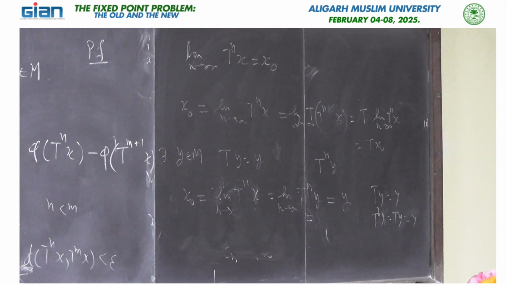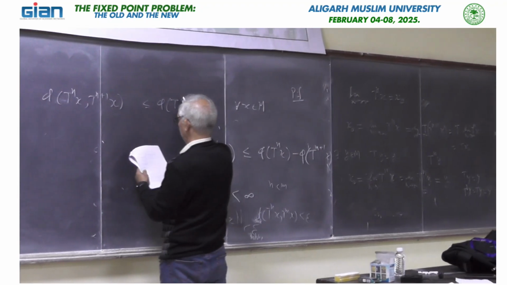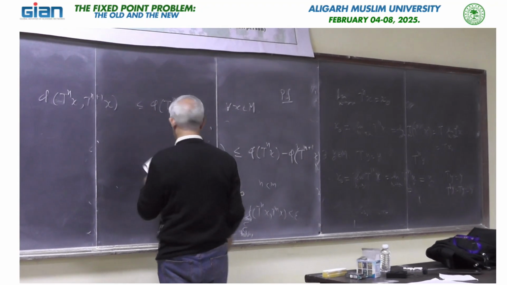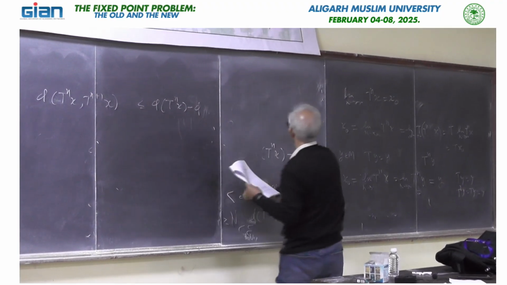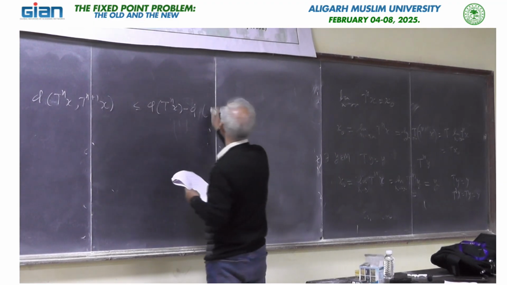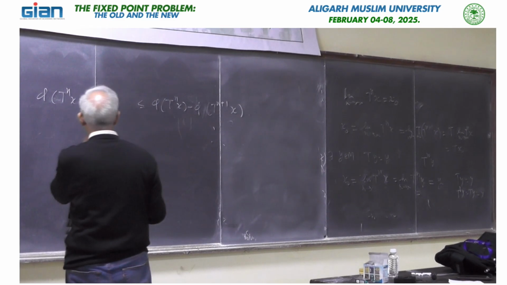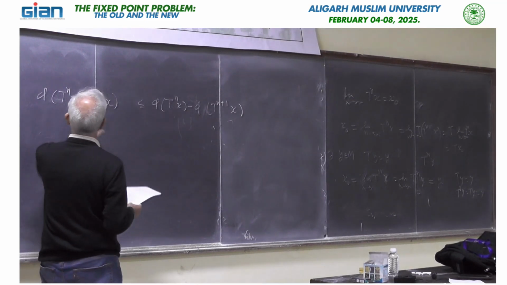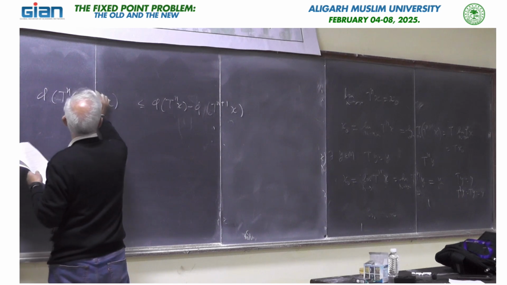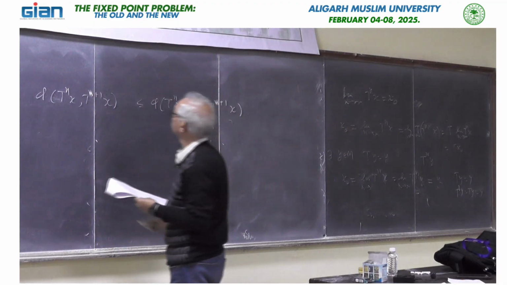Now again we look at that inequality, that d of Tn x, Tn plus 1 x is less than or equal to phi of Tn x minus phi of Tn plus 1 x.